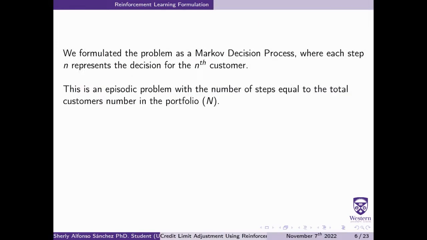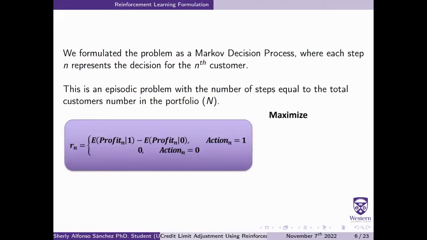Mathematically, this is a Markov decision process in which every step is the decision that we need to make for each customer. This is an episodic problem where the number of steps is equal to the total number of customers in the portfolio.